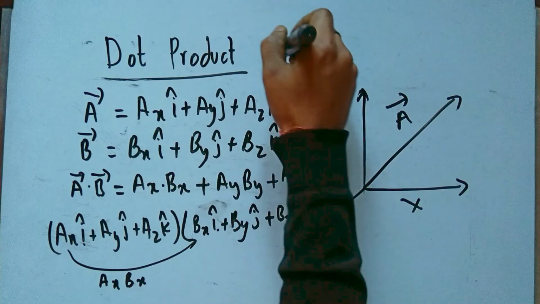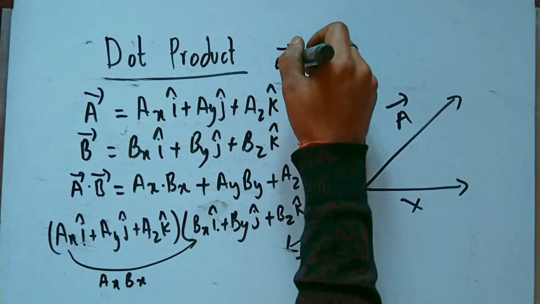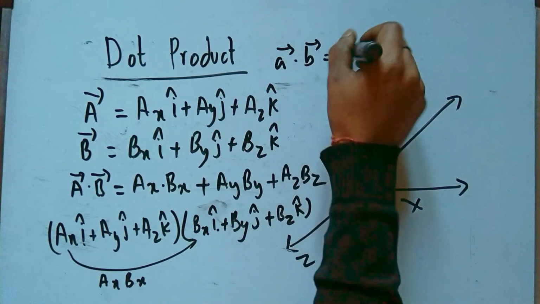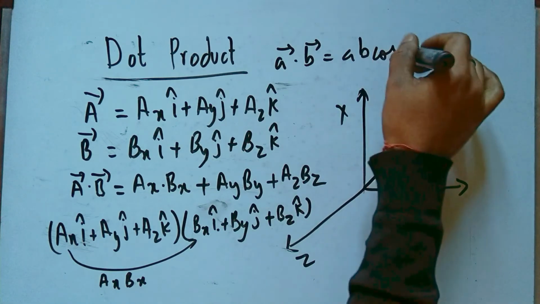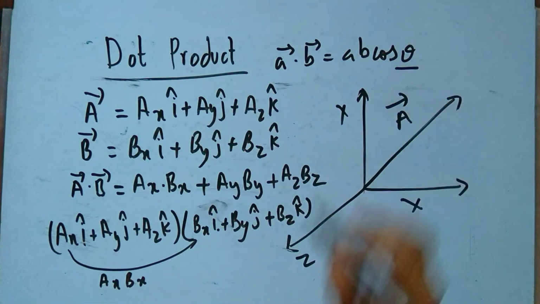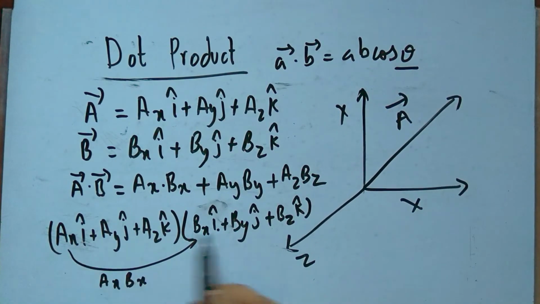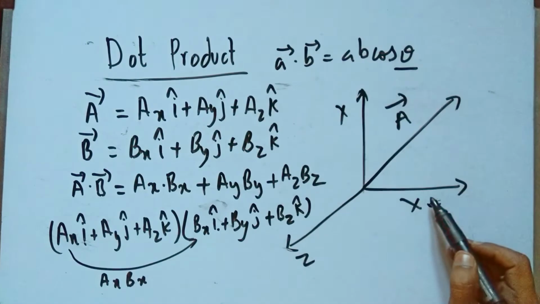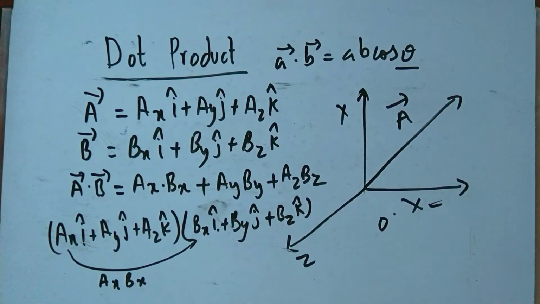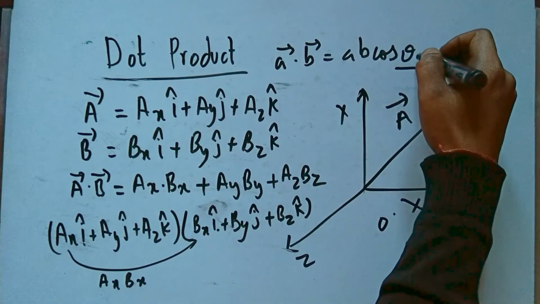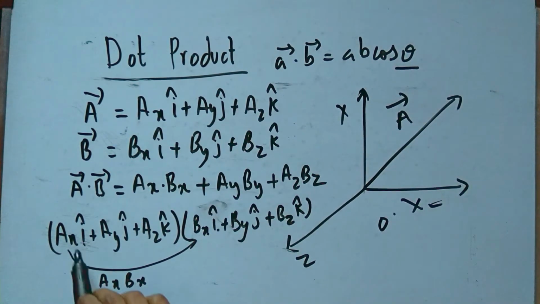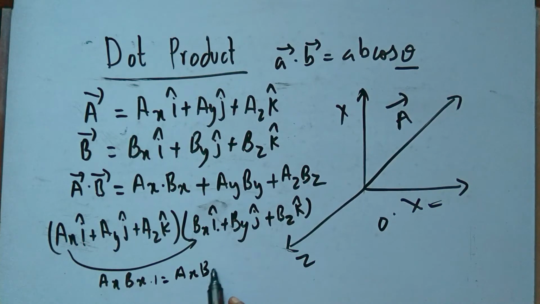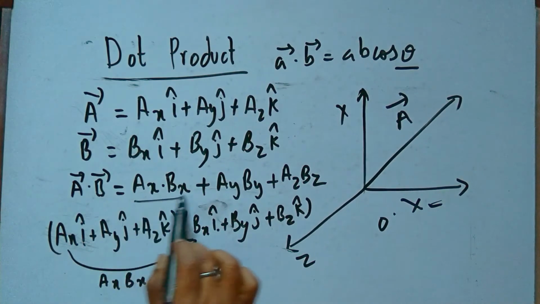We know dot product is always given by A B cos theta, so theta is the angle between them. If i represents the same axis, x axis, then the angle between them is 0 degree. So cos 0 is 1. So i into i is 1. So it becomes Ax Bx. So it comes here.